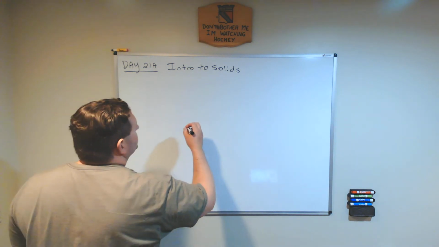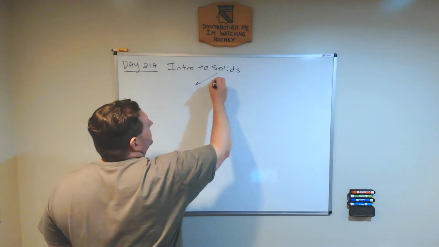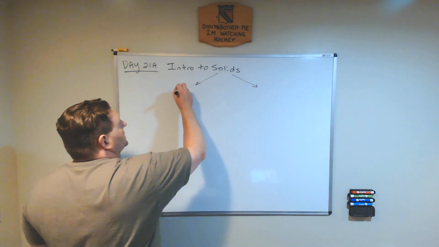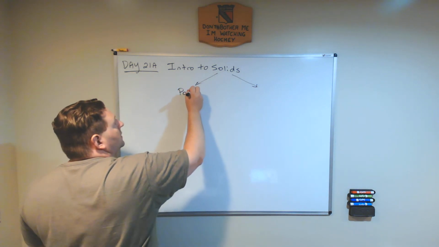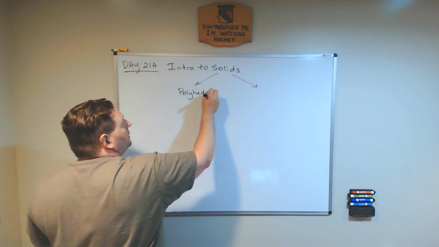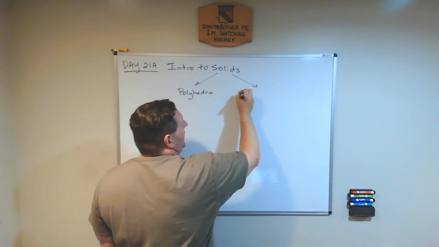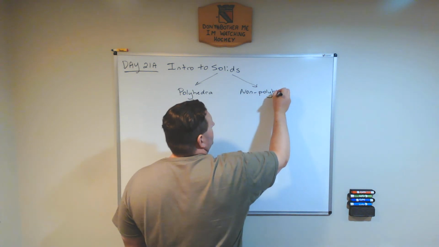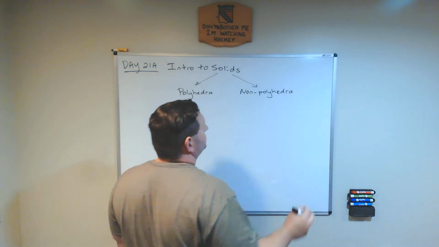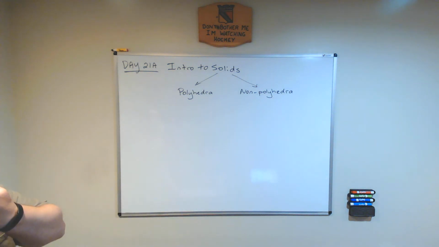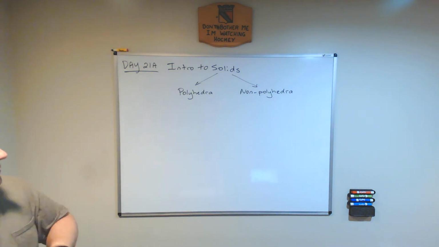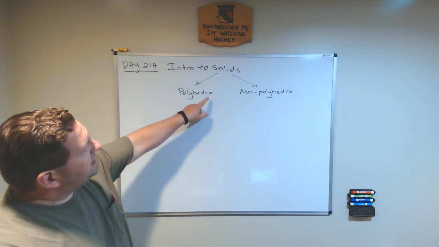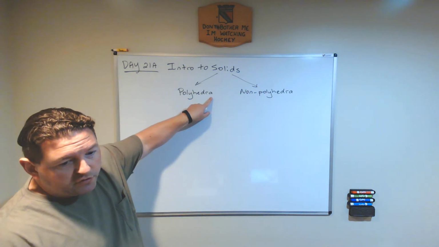So there are two types of solids: polyhedra and non-polyhedra. So what's the difference? Well, polyhedra is plural for polyhedron.